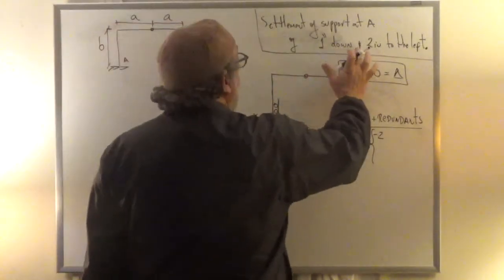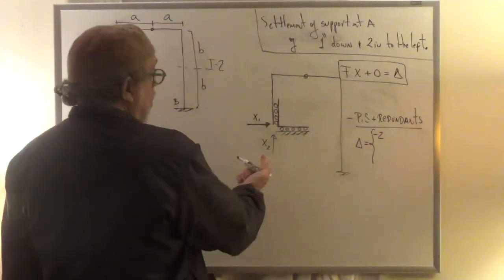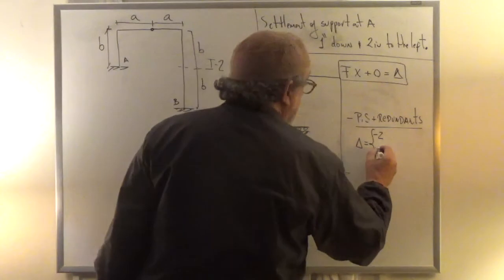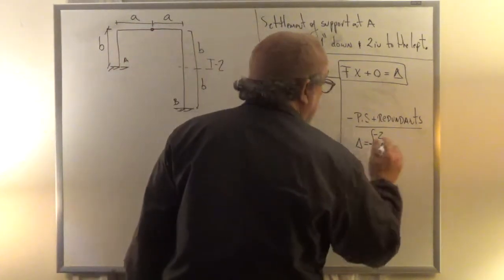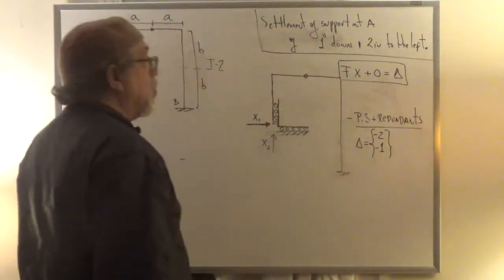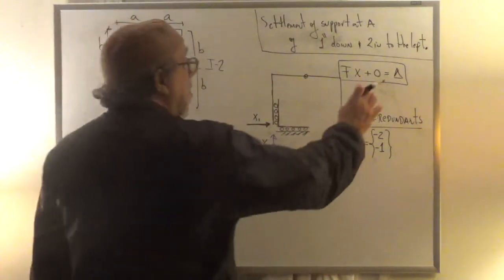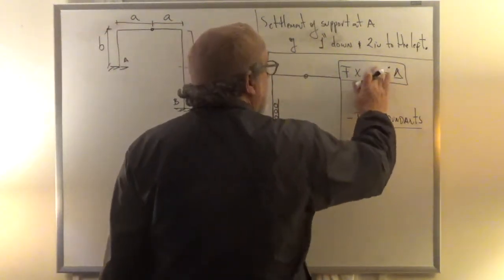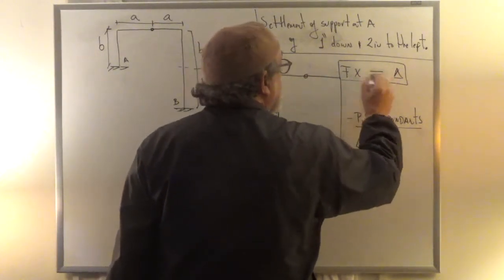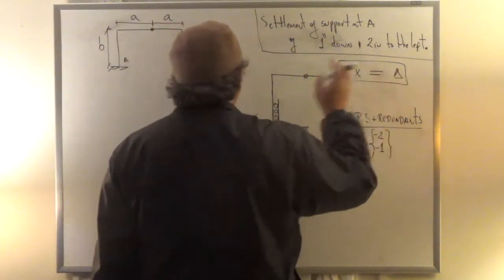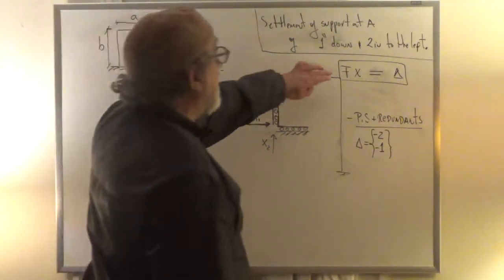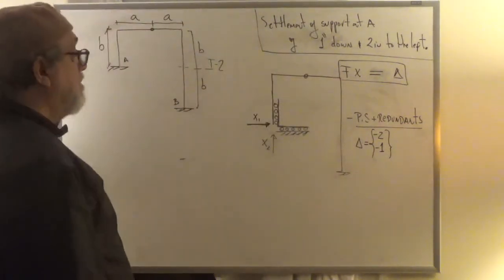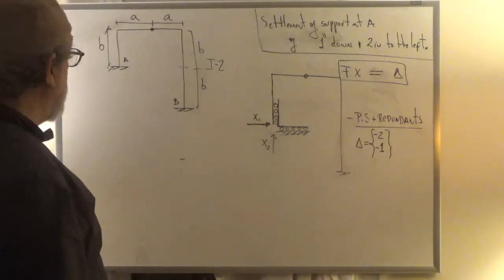There is 1 inch downward, so it is -1 because it is against the other redundant. Those are my two deltas. I can erase this to make it cleaner. So I have my two values here by pure inspection, and all I need to do is to calculate my flexibility matrix.